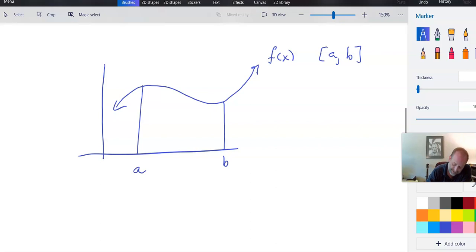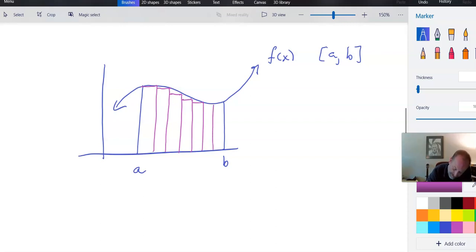The idea is that if you can carve out a bunch of little rectangles in here, let's change the color, you could find the area of each of these rectangles. Each one has a length and a width. If you multiply the length and the width, you get an area.